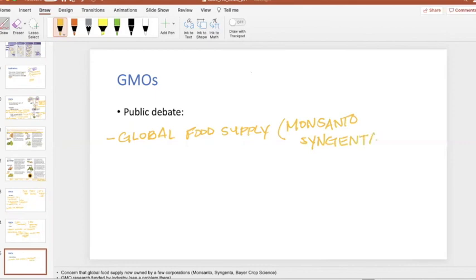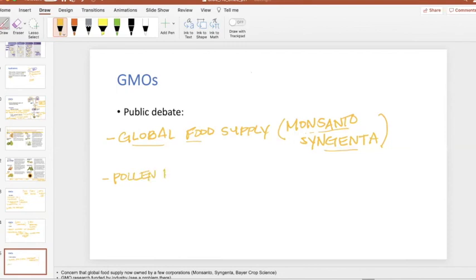And the idea is that these are the people who are producing these genetically modified organisms. They sell the seeds for these crops to farmers. And the idea that these large corporations are kind of in control of our global food supply does make some folks quite nervous, okay?